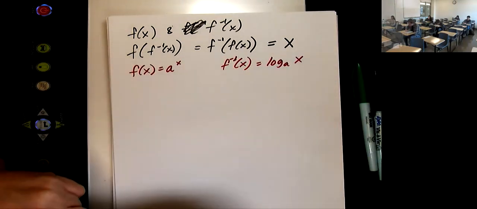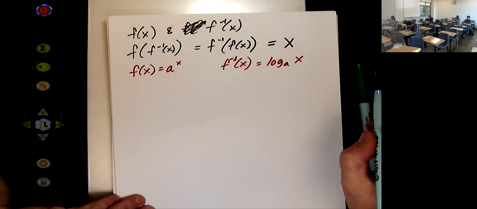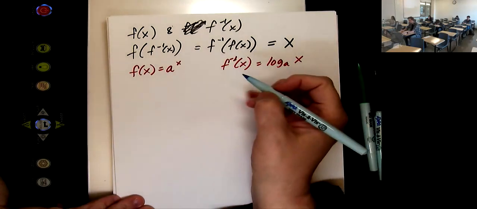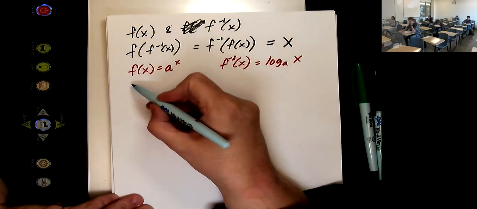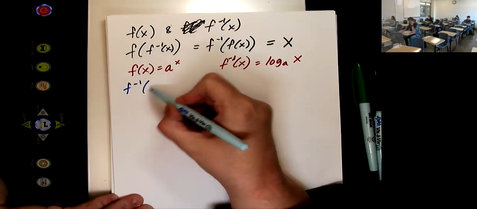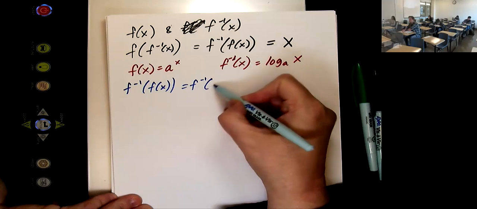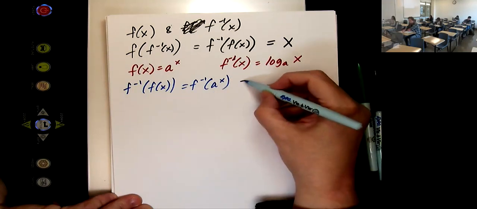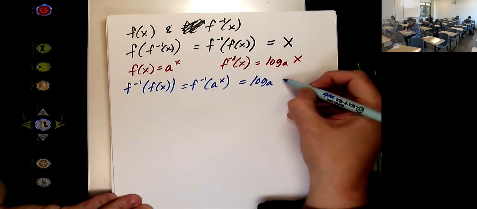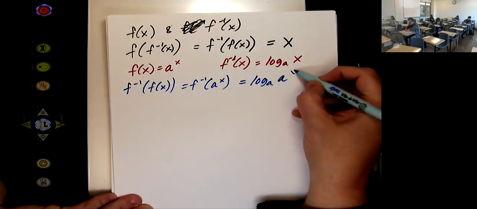One of these isn't as helpful as the others. If I put f of x inside f inverse, I'm really putting in a to the x, and I get log base a of a to the x.